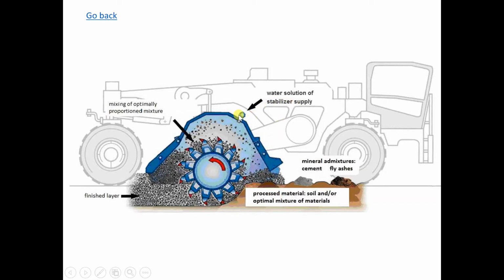The water truck has a hose connected to the machine, and when the machine is running, they spray the water inside, to mix the water with the cement and the material for the reaction to happen between cement and water.